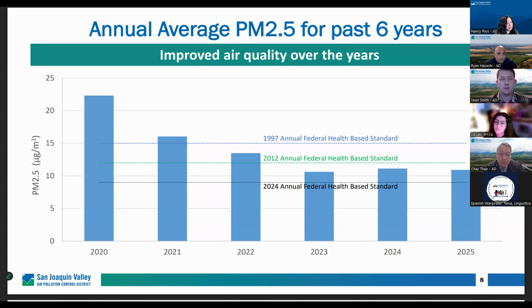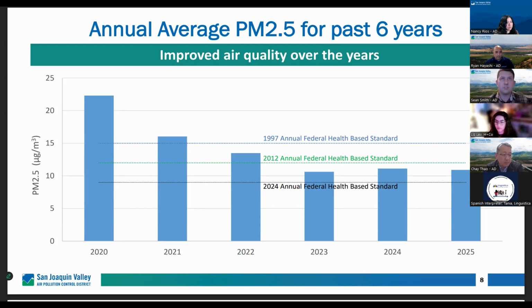And each year from 2020 to 2025, we see a general trend downward from higher PM 2.5 levels to lower PM 2.5 levels, which is very important because the air quality affects us all. The worse the air quality is, the more it can affect people who are of sensitive groups. We've noticed that it increases the risk for heart disease.